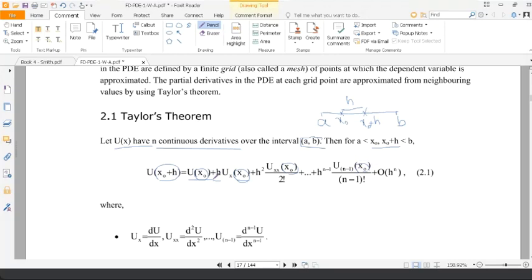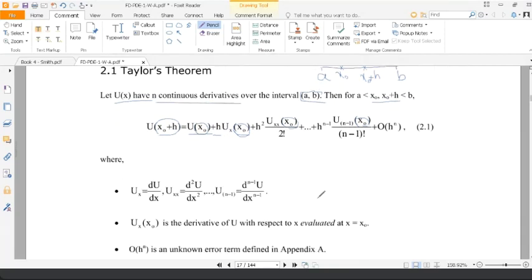Thus, the left side is at x0 plus h, but the right side is at x0. u subscript x equals du over dx, u subscript xx equals d2u over dx2, and u subscript n minus 1 equals d^(n-1)u over dx^(n-1). This is ODE, not PDE.